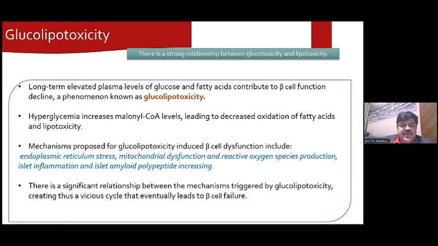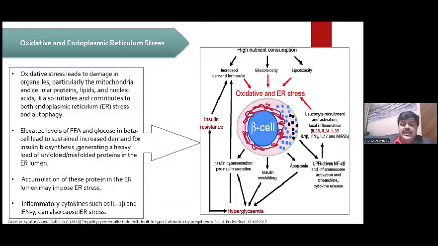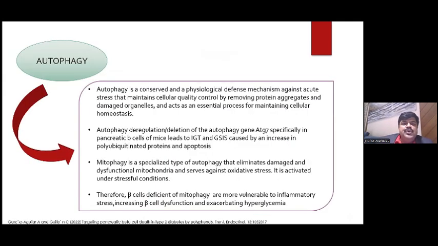So there is a significant relationship between the mechanisms triggered by glucolipotoxicity, creating thus a vicious cycle that eventually leads to beta cell failure. So the oxidative and endoplasmic reticulum stress plays an important role in beta cell dysfunction. Next important aspect we should know is the autophagy.